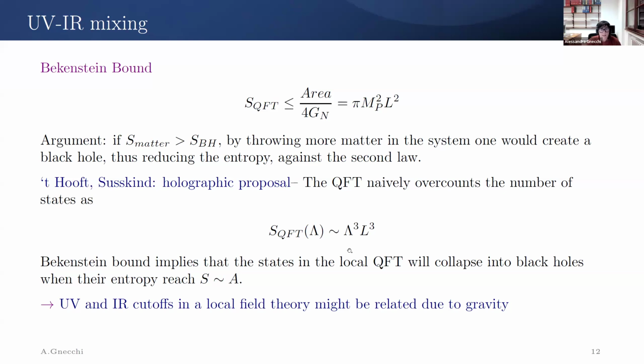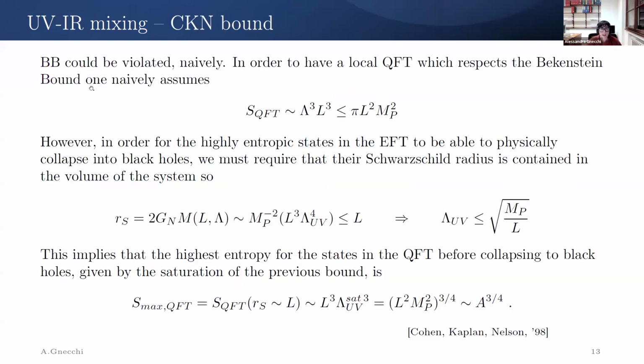But see that this bound is relating the UV and the IR cutoff. In fact, the Bekenstein bound could be naively violated in a QFT. So we need to impose this constraint. And this brings us to a non-trivial constraint between lambda and the volume, or L.